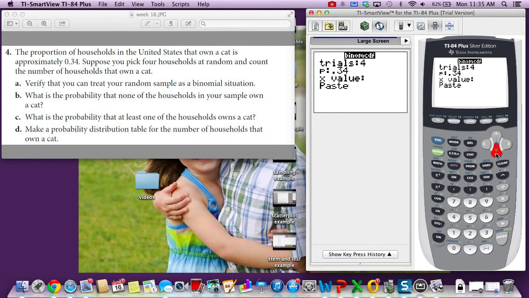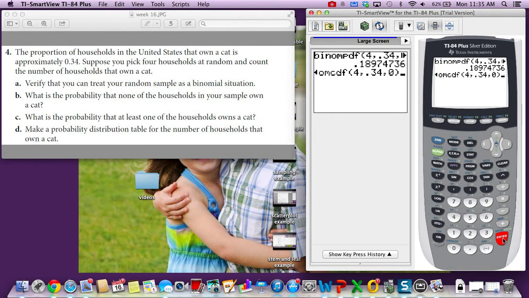CDF calculates the probability of that value and everything less. So if we're looking at least 1, we're looking at less than 1, so we're looking at 0, which gives us the same thing because there's nothing less than 0 households.